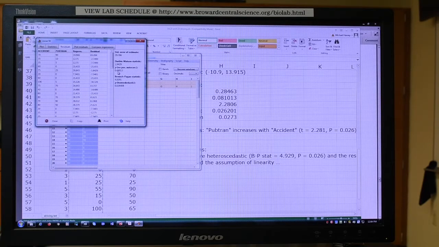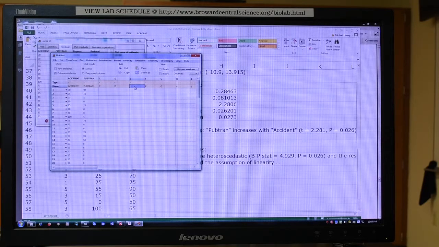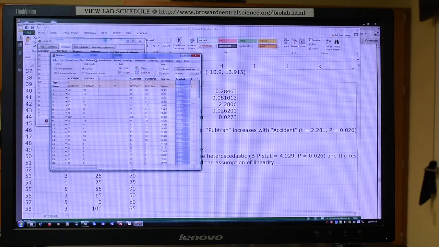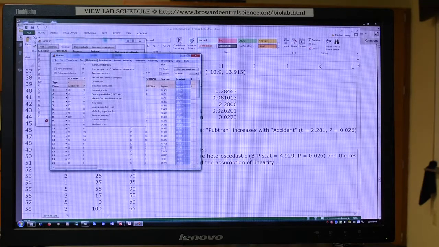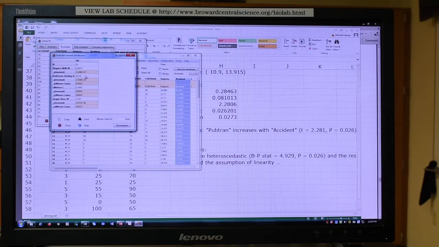It has a probability of 44%, so we've satisfied that assumption, but we've violated homoscedasticity. And when you copy this and look at the residuals, all right, univariate normality test, we've also violated the residuals.